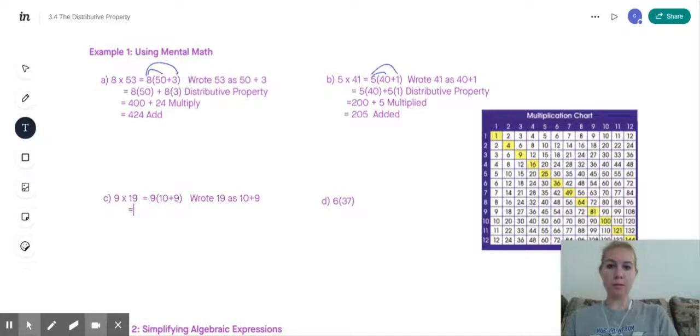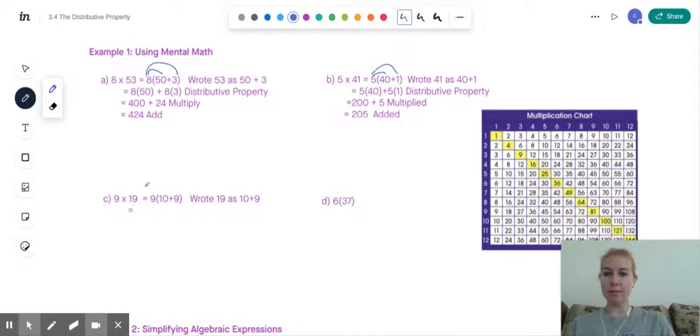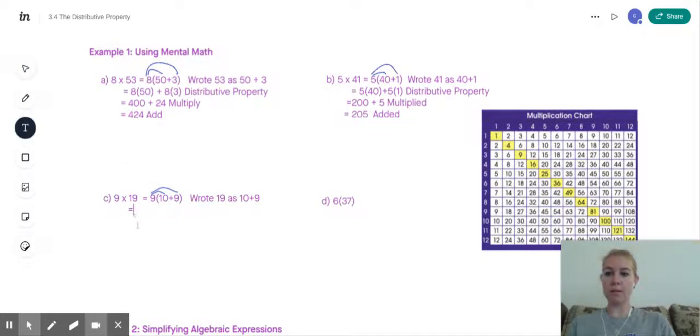Okay. Now we need to distribute the 9 to what's inside the parentheses. I'm going to distribute the 9 to the 10 and distribute the 9 to the other 9. So now my expression is going to read 9 parentheses 10 plus 9 parentheses 9.